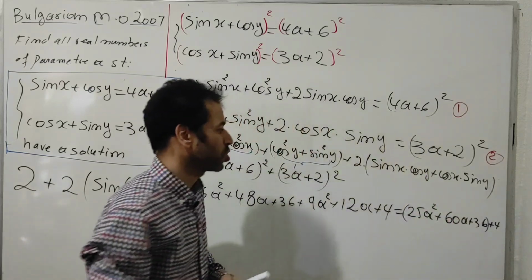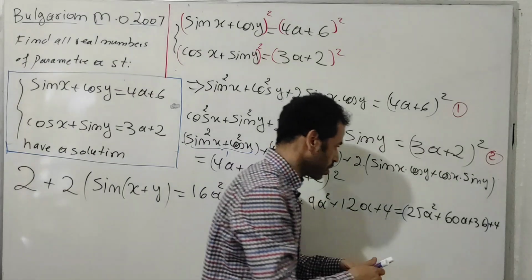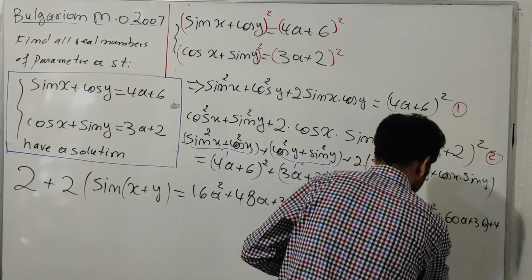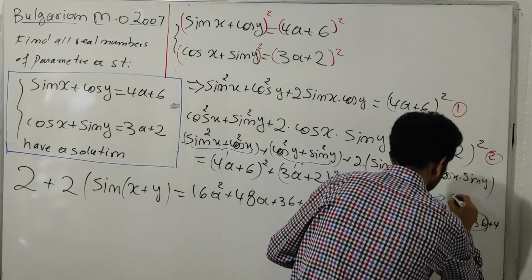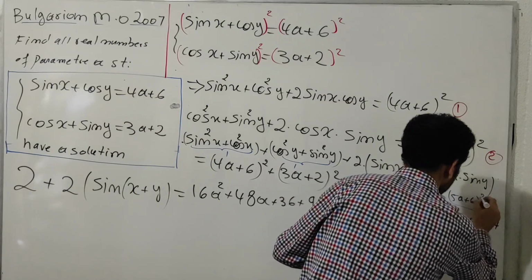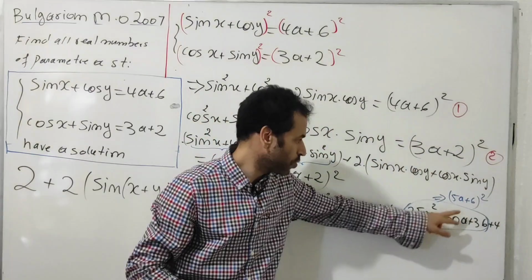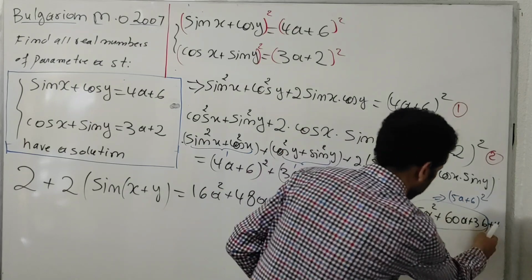I'm going to transform this into a quadratic binomial, a square. This is the same as 5a plus 6 squared. If you distribute this one, it gives you this exactly, plus this number 4.